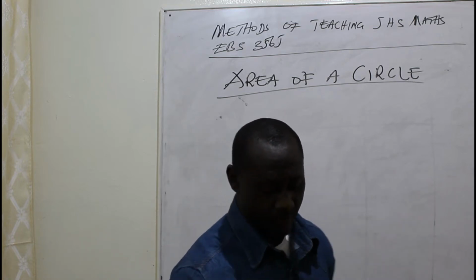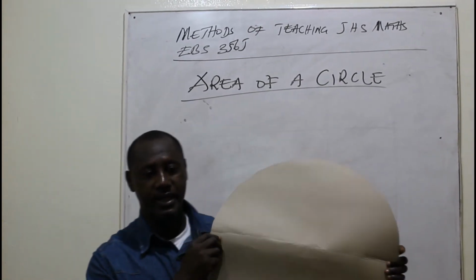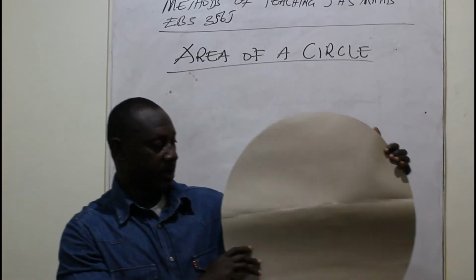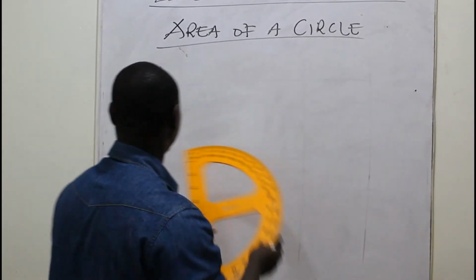And so, for the area of a circle, you draw a circle. You can see that I've come here with a circle. Let me also draw the circle on the board.